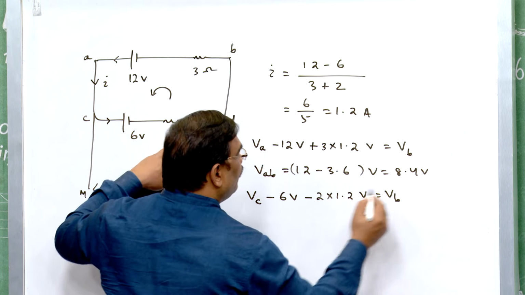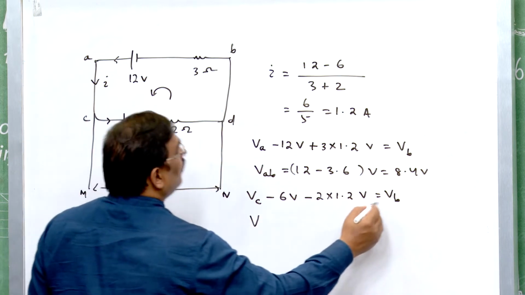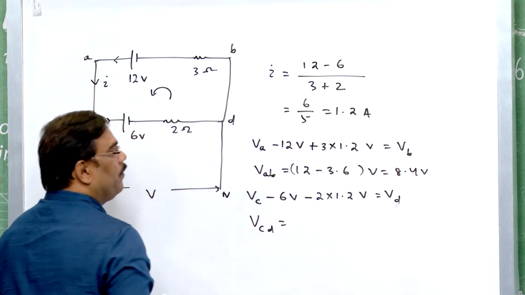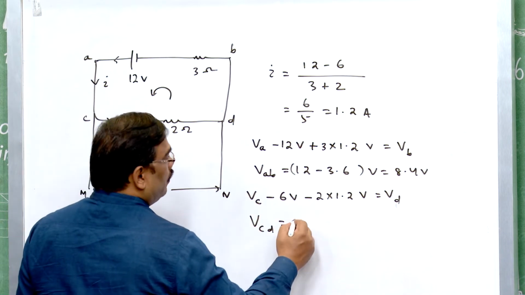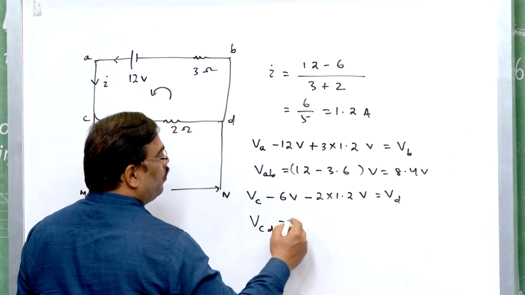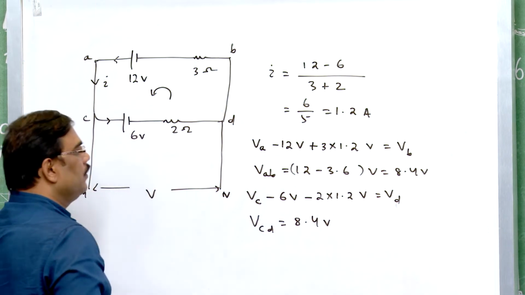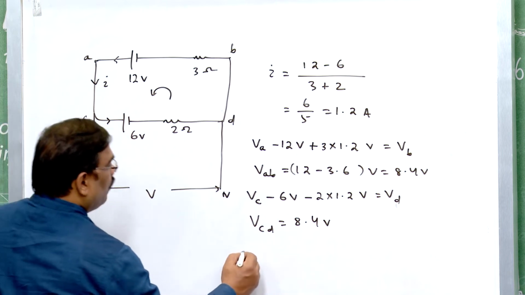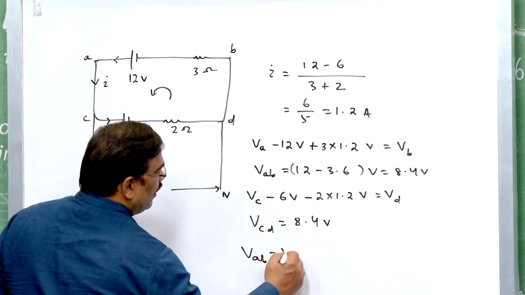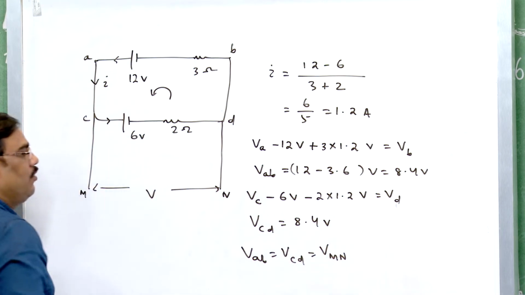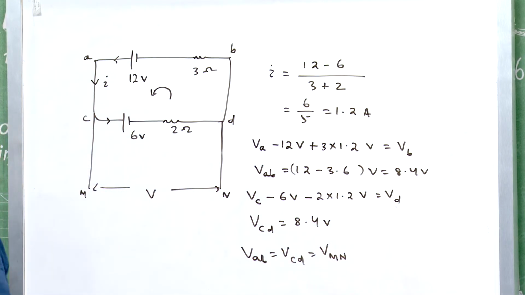So, VCD equal to 6 plus 2.4, it is 8.4 volt. So, what is VAB? The same as VCD and this is VMN. So, VMN is also equal to 8.4 volt.